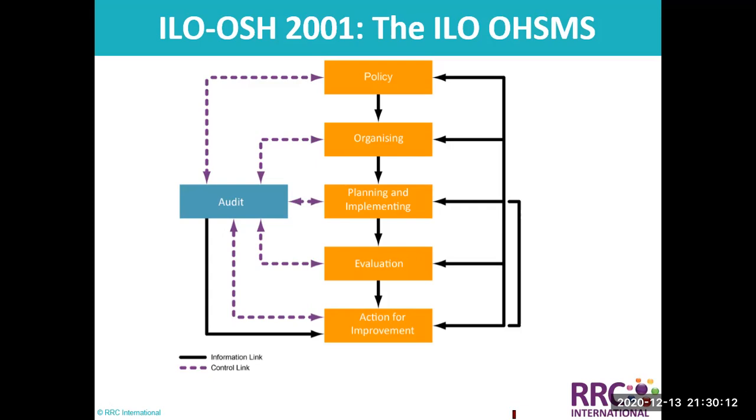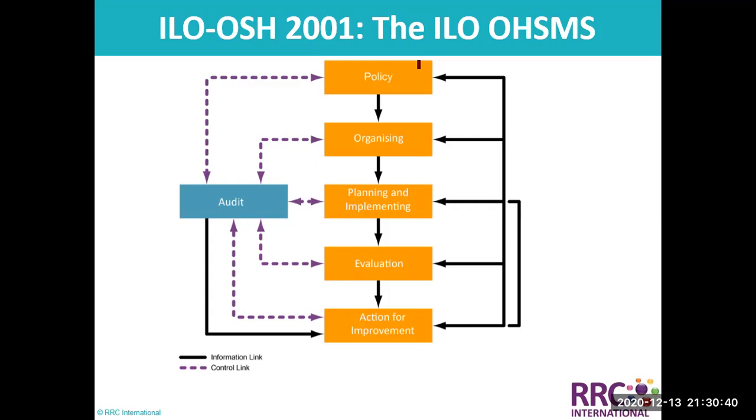POPEAA, where P stands for policy, the O stands for organizing, the second P stands for planning and implementing, and E stands for evaluation, which has to do with checking, audit, and all that. And then the first A stands for audit, while the second A stands for action for improvement.